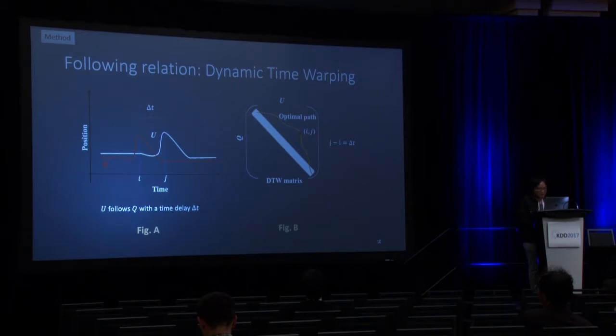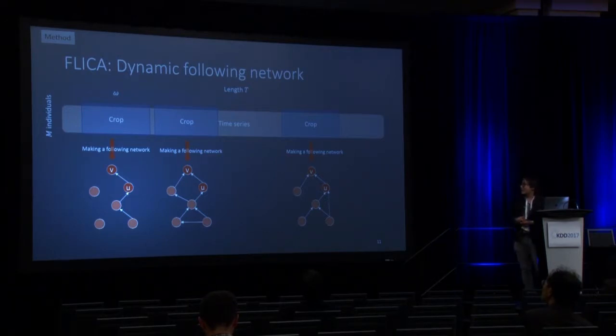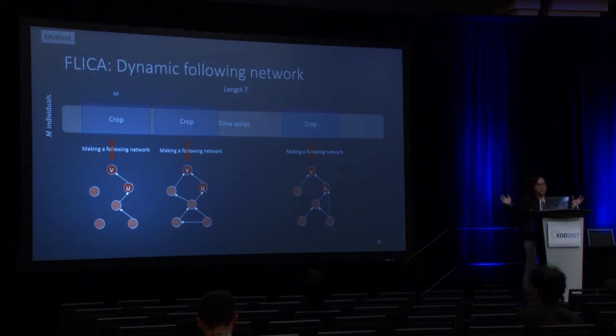After we know how to infer who follows whom, the next step is to create the dynamic following network to do some analysis. We use the sliding window technique for the entire time series. We separate it into small intervals, and for each small interval, we create the following network that represents that interval.